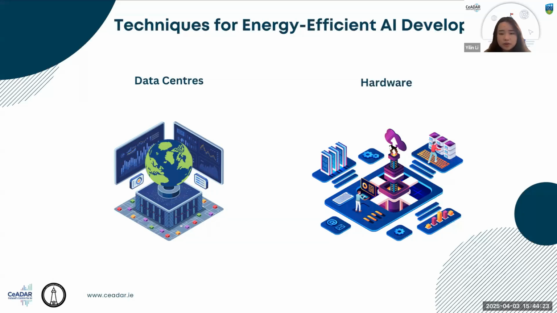That's running the AI model on local devices like phones, sensors or embedded systems. This avoids sending data back and forth to the cloud, which saves energy, reduces latency and improves privacy. So both the location and hardware we use can help us build faster, greener and smarter AI systems.